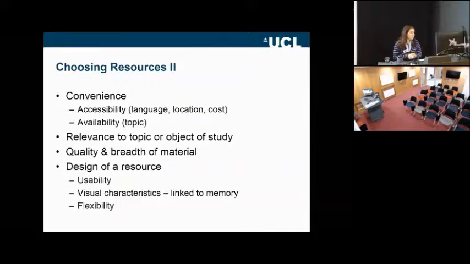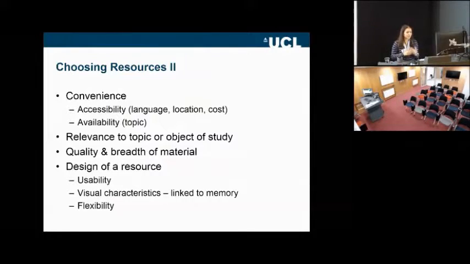And then the availability based on topic, and the relevance, of course, of the information provided through a specific resource, the relevance to topic or the object of study, and the quality and breadth of material, and the design of a resource, which was an interesting finding. When I say the design of a resource, I mean in terms of usability, of the visual characteristics and the flexibility.